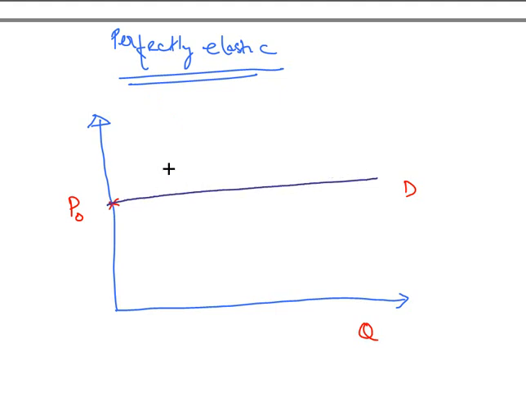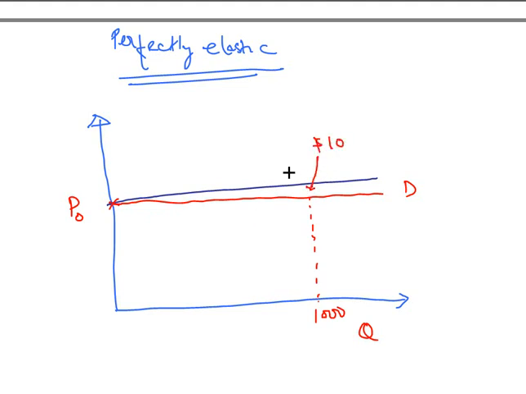But this is difficult to understand, so I will draw one more diagram, and it is like this, which is closely related to the original graph. Now suppose the quantity demanded was 1000 units, and the price being charged at that point was $10.